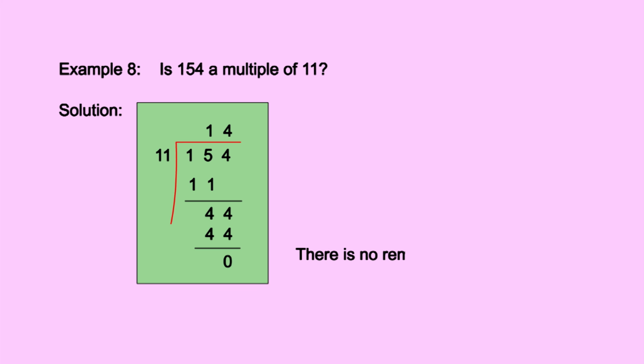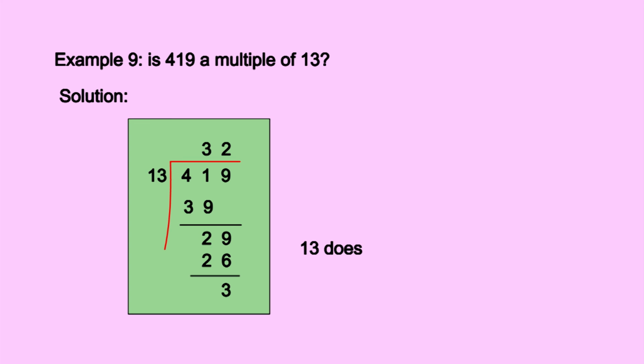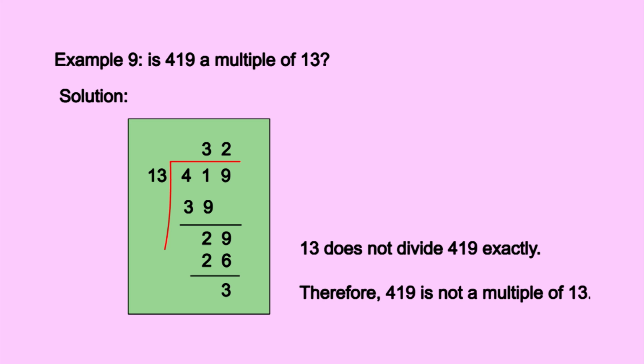There is no remainder, therefore 154 is a multiple of 11. Example 9. Is 419 a multiple of 13? Solution. 13 does not divide 419 exactly. Therefore, 419 is not a multiple of 13.